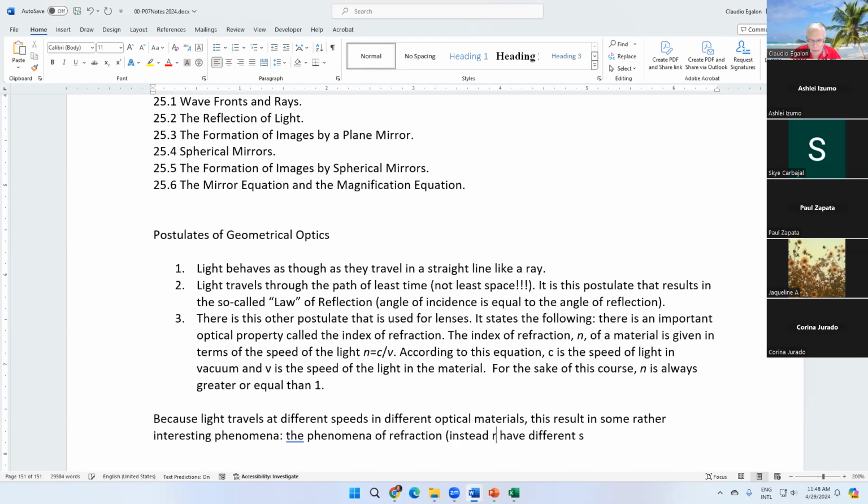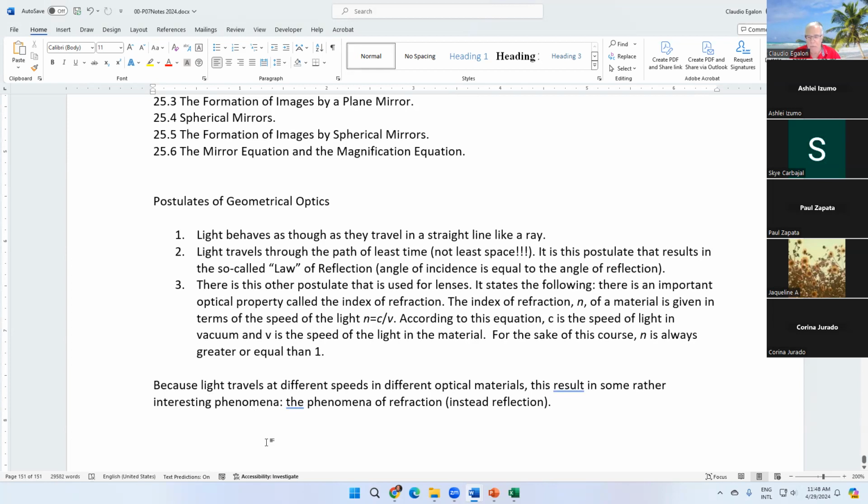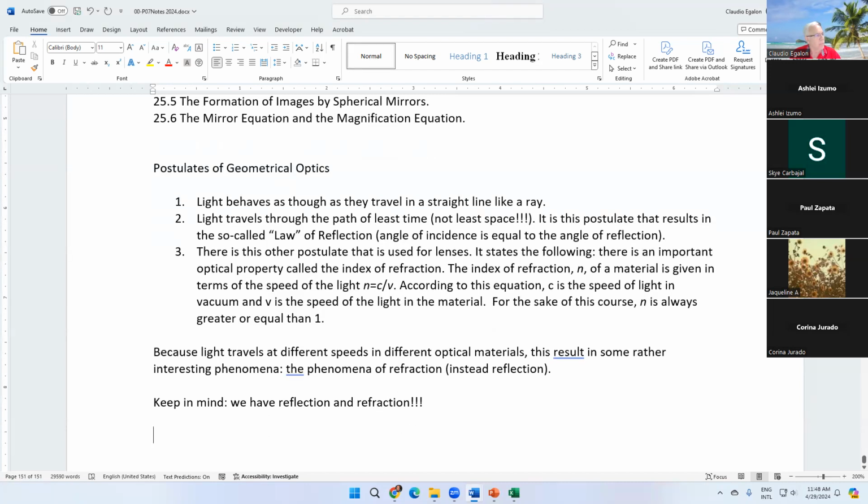Refraction instead of reflection. So keep in mind, we have reflection and refraction.